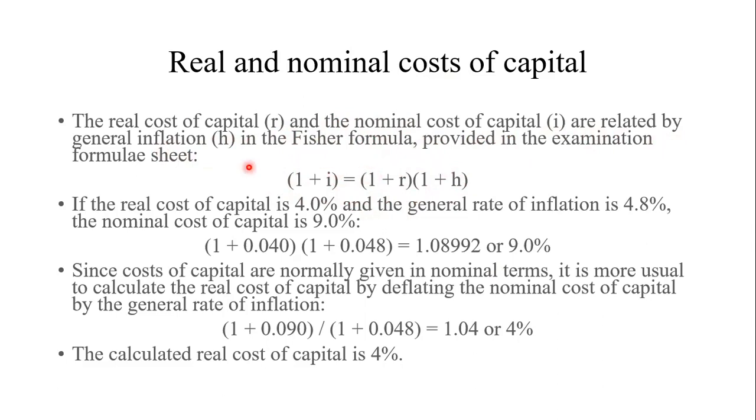So in the Fisher formula. This is the Fisher formula, and it's often provided in the exam or on the exam sheet. But like I always say, I expect that you know this formula. This is not too difficult to keep in memory.